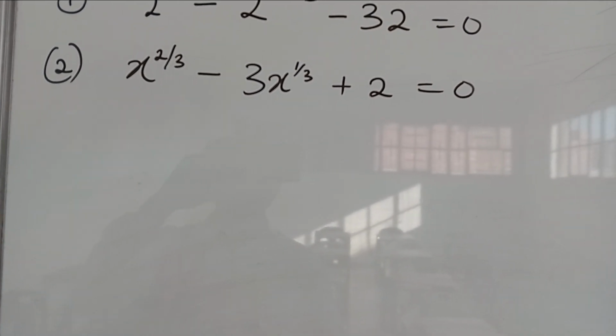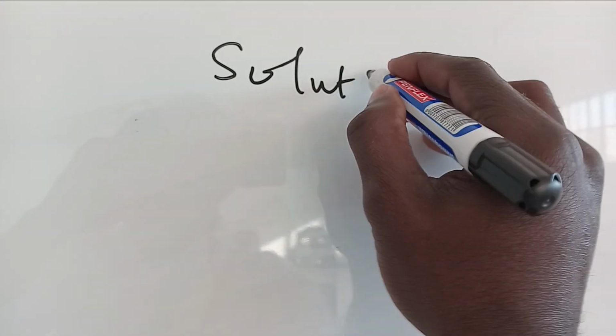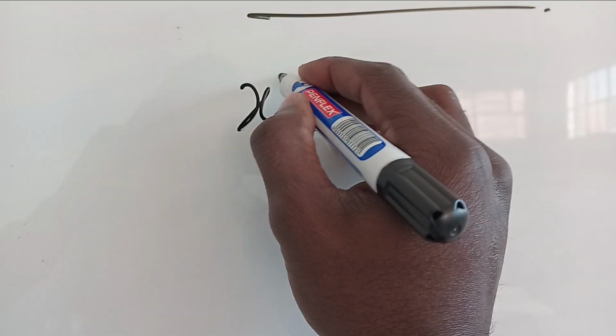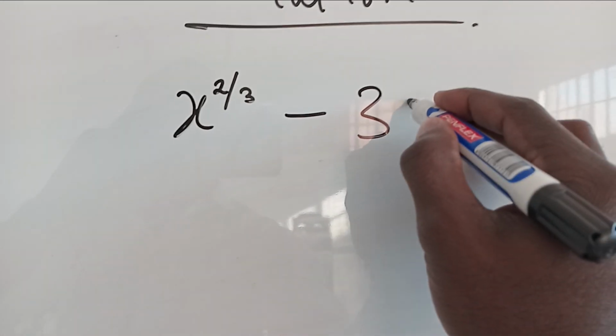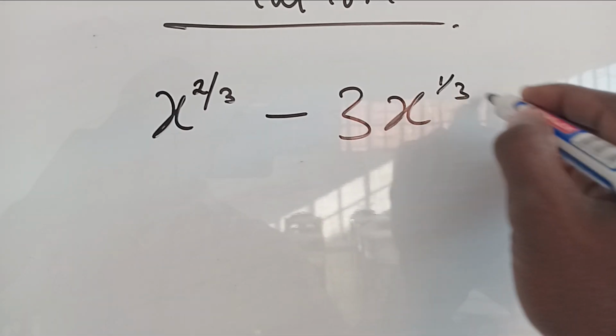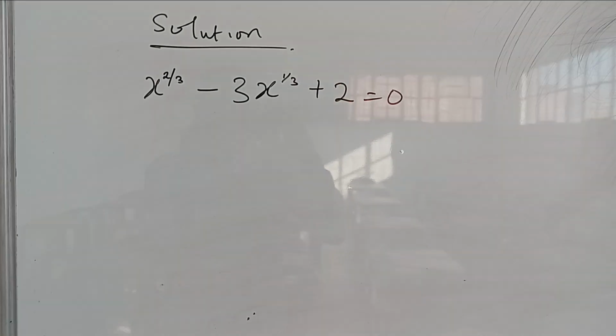Now let's look at question 2. Solution. Question 2, we have x raised to the power of 2 divided by 3 minus 3 times x raised to the power of 1 over 3 plus 2 equals 0.